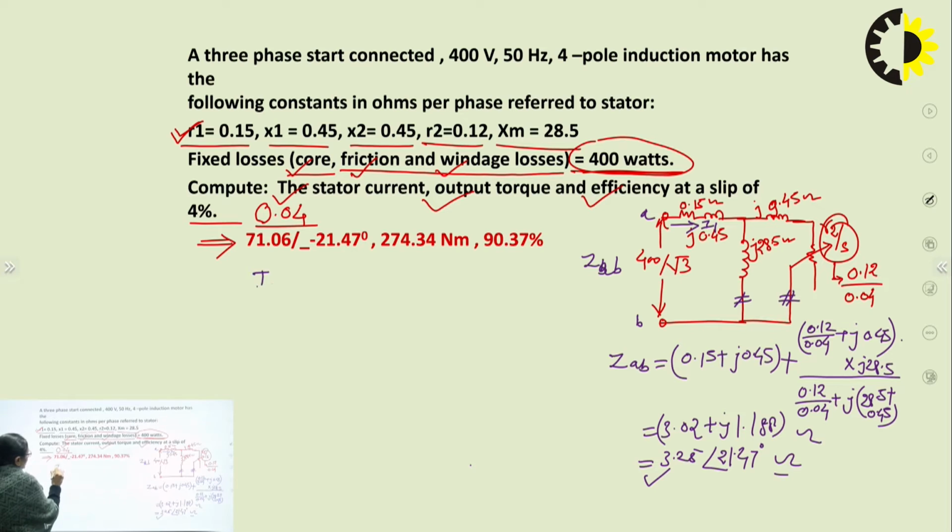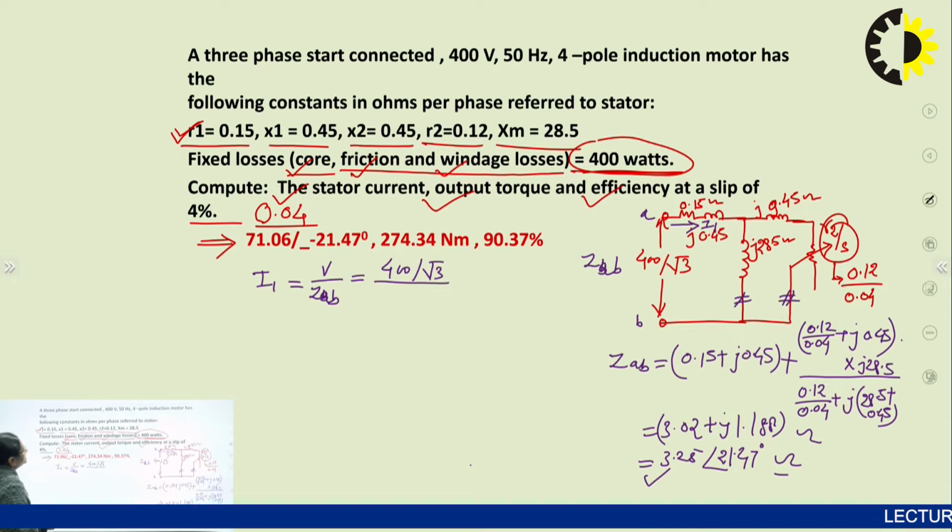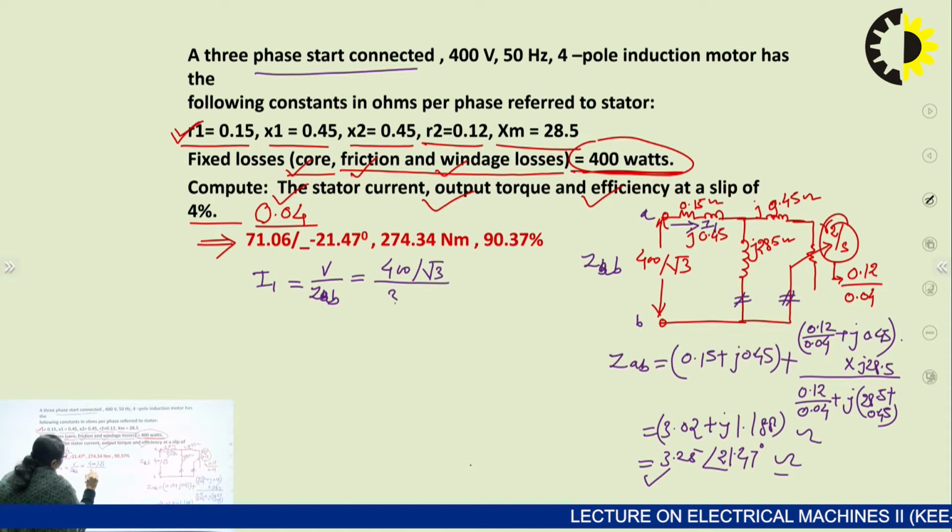So the current I1 can be calculated as simple voltage divided by the impedance ZAB. What is the voltage? The per phase value of the voltage is 400 divided by root 3, as the stator winding of the machine is connected in star, it is given in the question, divided by 3.25, the magnitude.